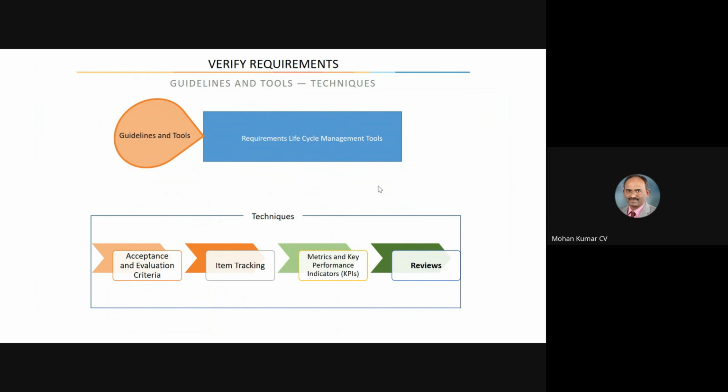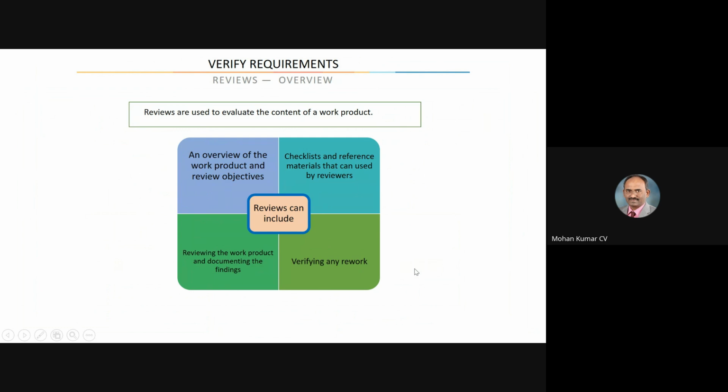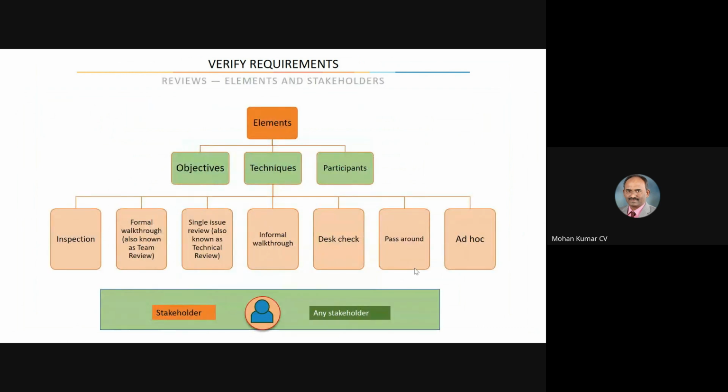Okay, so this part you understood, verification and validation. That difference you understood, right? Yes. So now there are different techniques for this: verification, acceptance and evaluation criteria, item tracking, metrics and key performance indicators, reviews. Reviews are used to evaluate the content of a work product.